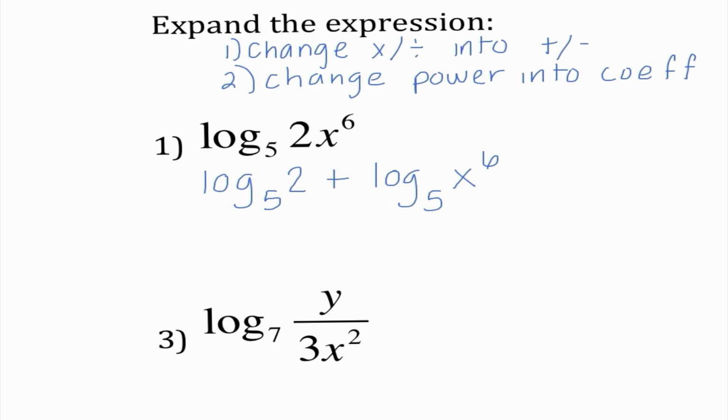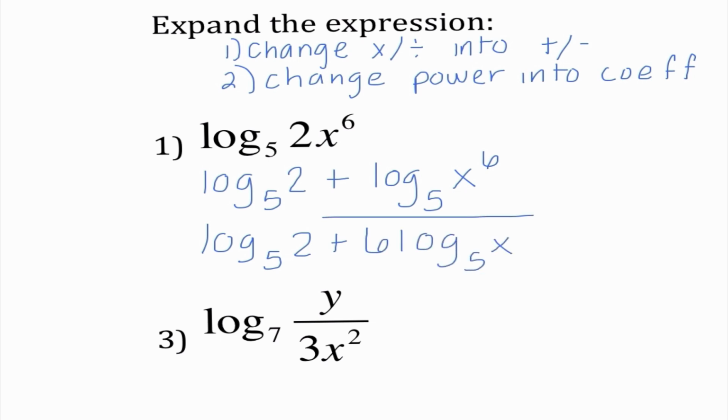So we've taken care of all the addition and subtraction by looking for multiplication and division in this original problem. Now I need to look for any exponents, and I know that's going to become a coefficient. We do have one exponent here. So I write log base 5 of 2 plus, my exponent goes out in front and becomes my coefficient, 6 times log base 5 of x. So this would be our final answer.